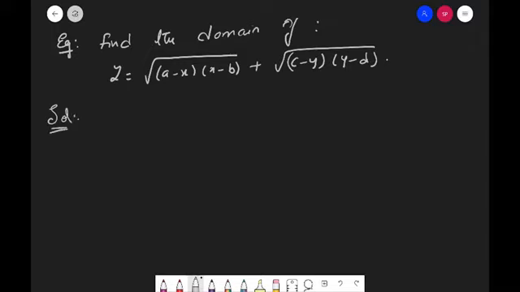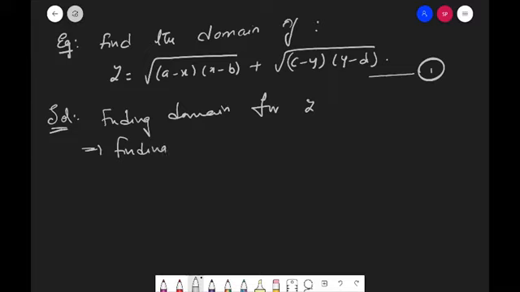You are given this equation, let it be 1. Then finding the domain for z implies finding the region for (x, y) to satisfy equation 1.